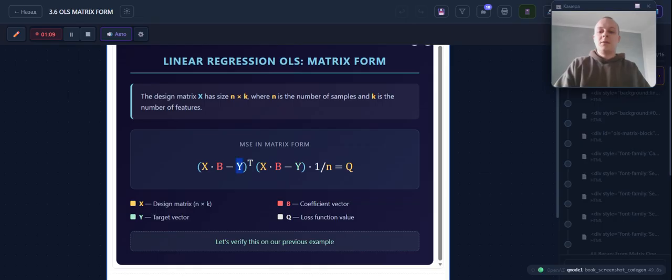We have our target vector with our target values related to our X objects. And T is transpose, so we flip the matrix, columns become rows, rows become columns, and here is our original, the same matrix without flipping.